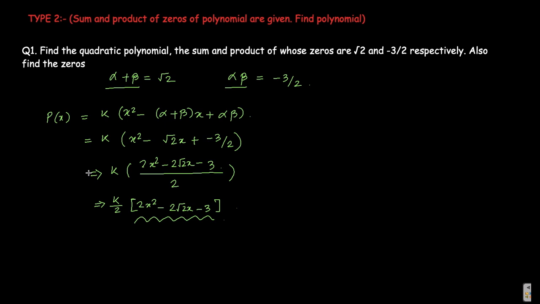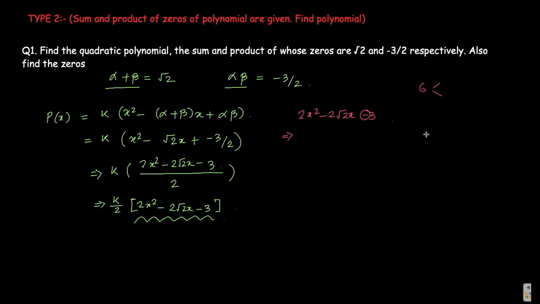Now we are going to find the zeros. To find the zeros we have to simplify this polynomial, 2x square minus 2 root 2 into x minus 3, and factorize it. So it is 3 into 2, 6. We have to split 6 in such a way that the difference between the two numbers is 2 root 2, because the minus sign is there.